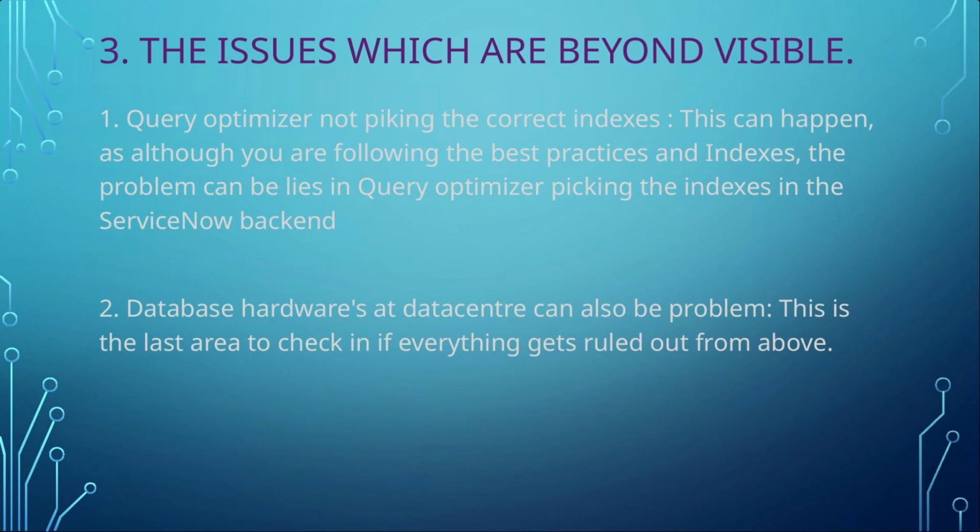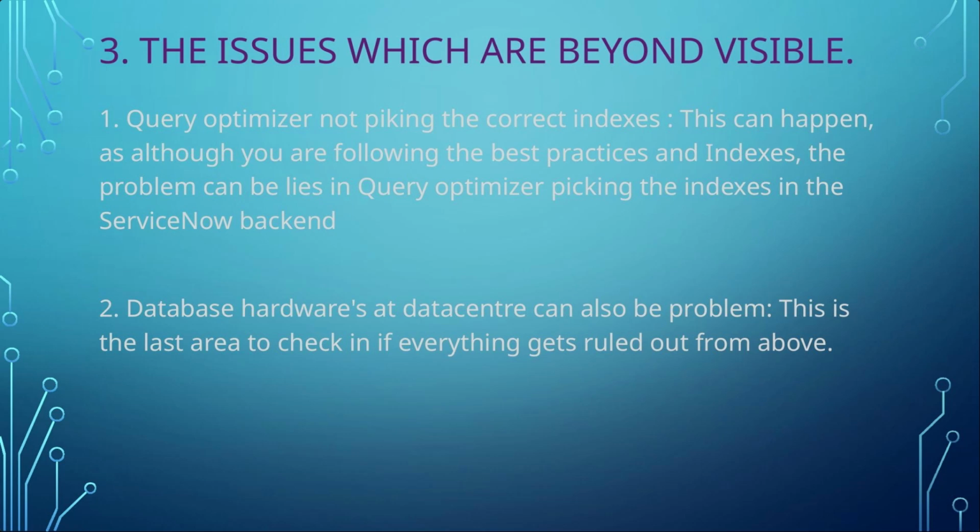Even though we had the indexes in place, when we went to ServiceNow and looked through the Splunk logs, we saw that although the indexes were there, the query optimizer which runs on the backend and picks up the indexes to load data was not picking the right indexes. So the problem can lie beyond what is visible to us.